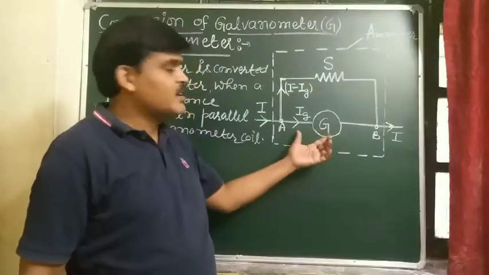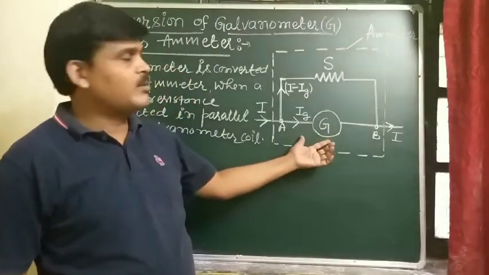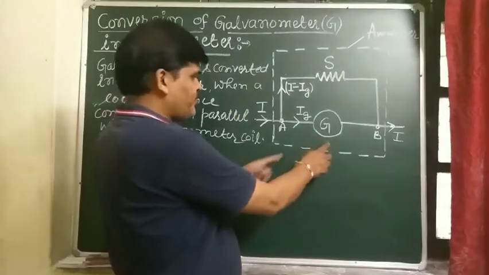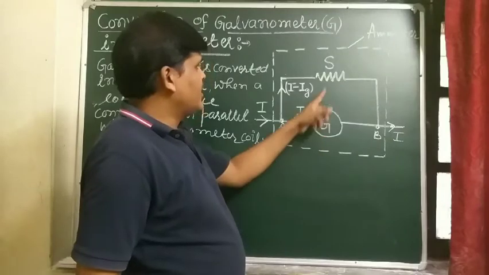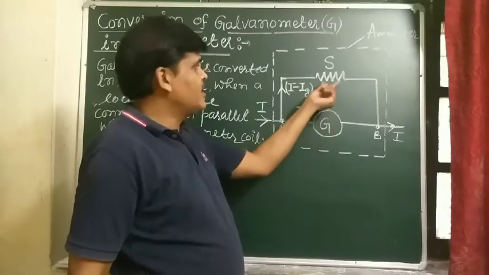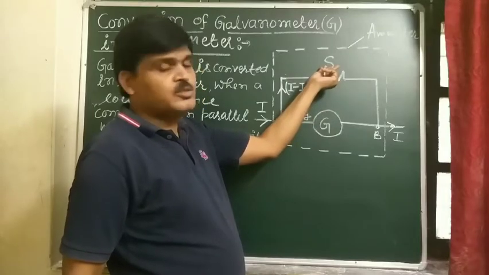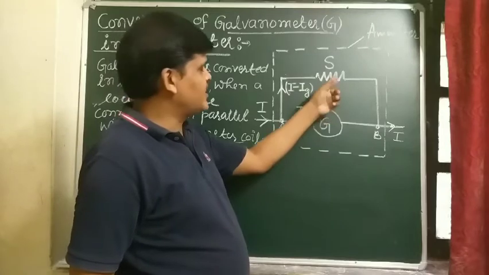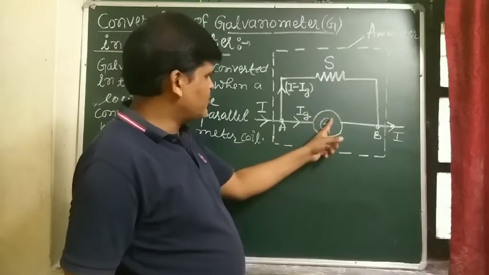And student, the circuit diagram of conversion of galvanometer into ammeter. So here is a galvanometer, and a low resistance connected in parallel with this galvanometer, this S is known as shunt resistance. Shunt is a small resistance connected in parallel with a galvanometer.